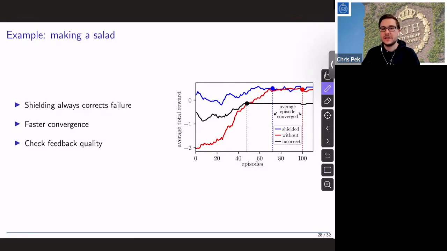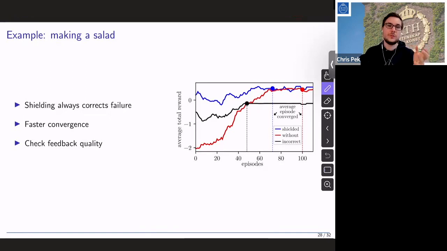The black line in the example is a shield that is synthesized from incorrect feedback. So a wrong action sequence was suggested by humans. And you can see that we converged, but not optimally. We don't get the reward we need. It's because humans suggested something that might lead to an infinite loop or just a bad action sequence.